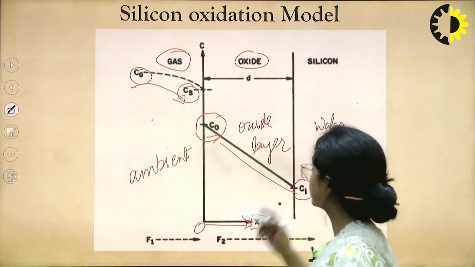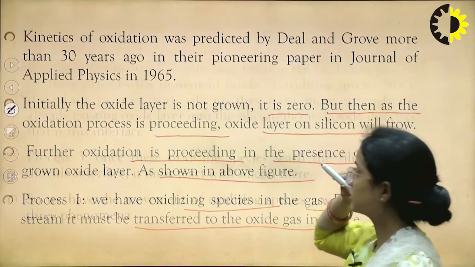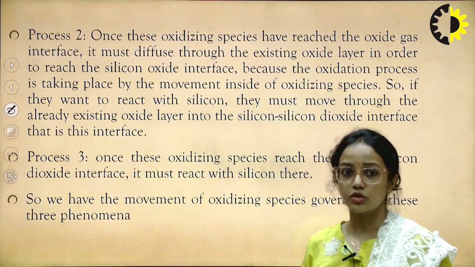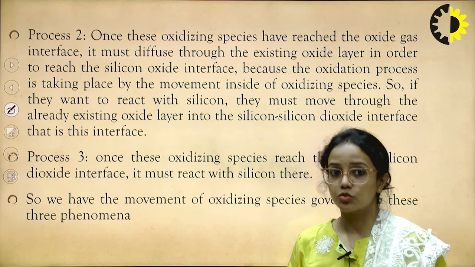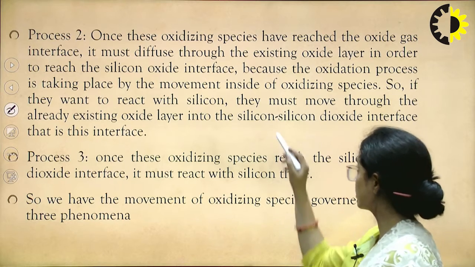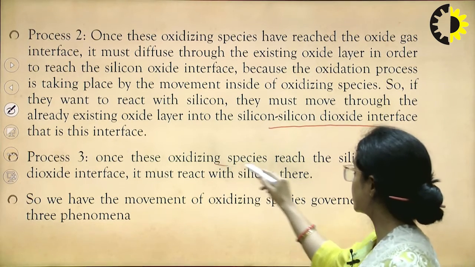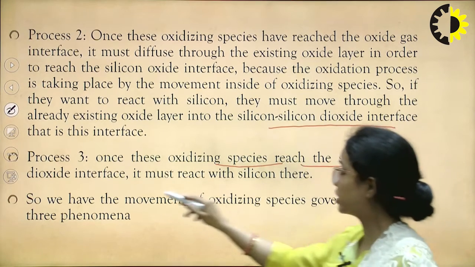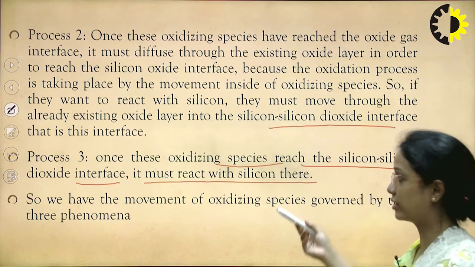Silicon oxide interface is this one. So if they want to react with silicon, they must move through the already existing oxide layer into the silicon oxide interface. Once these oxidizing species reach the silicon dioxide interface, they must react with silicon there.